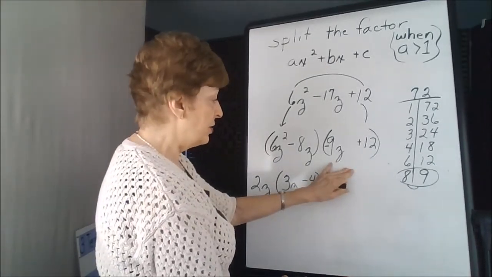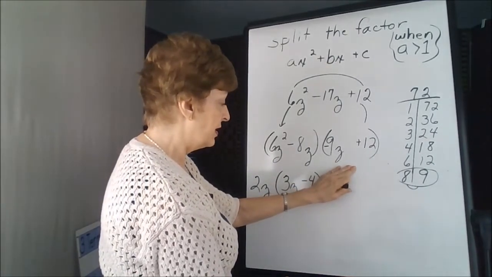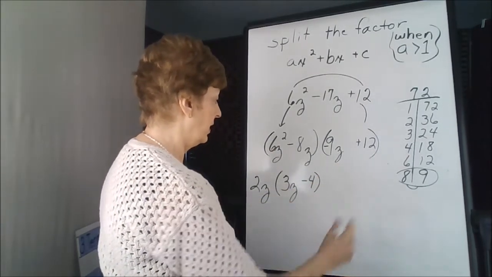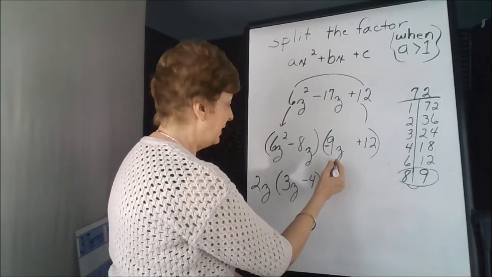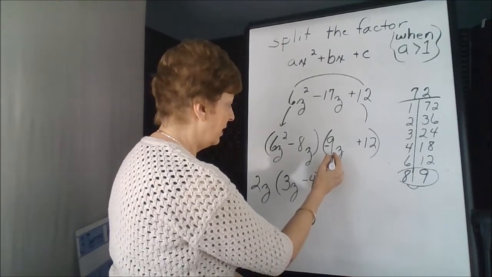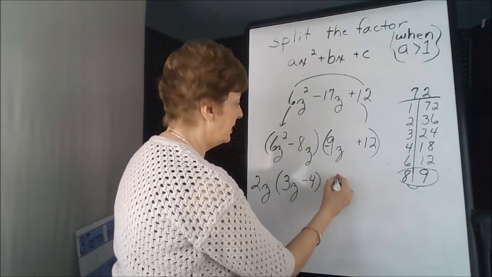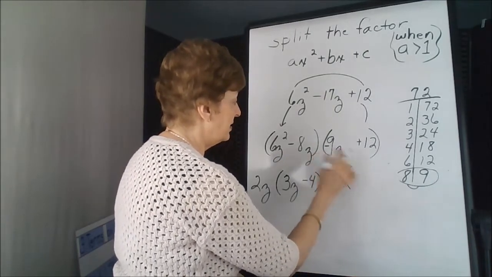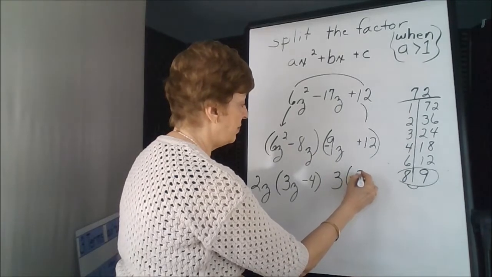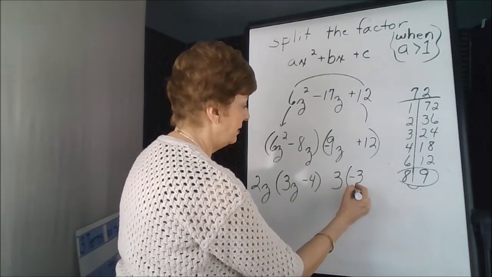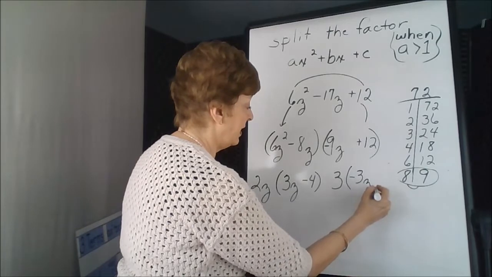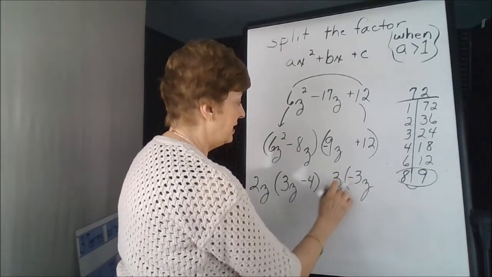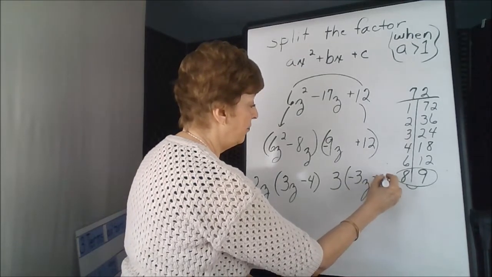So now I'm ready to take the greatest common factor out of this part, and hope that I can get this value. All right, 3 works. I could take a 3 out of this. 3 divides into negative 9, negative 3 times. Negative 3z, that's left. And 3 divides into 12 4 times.